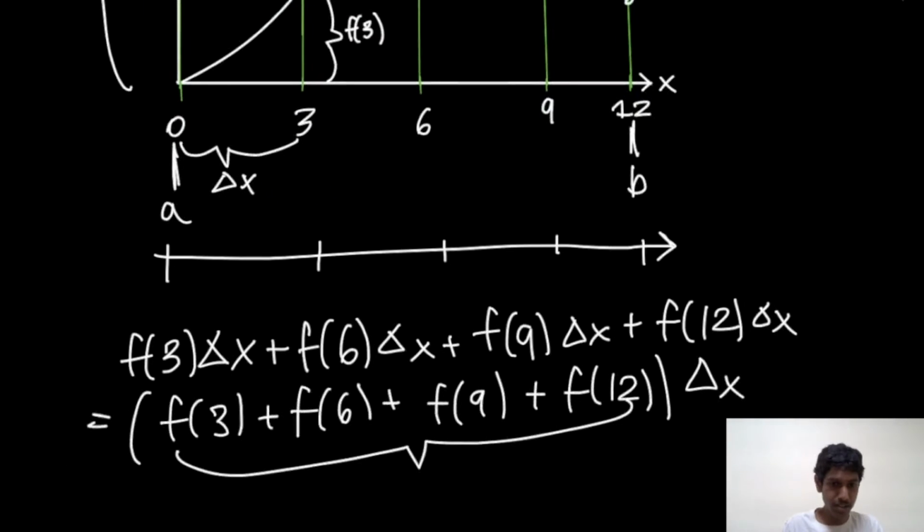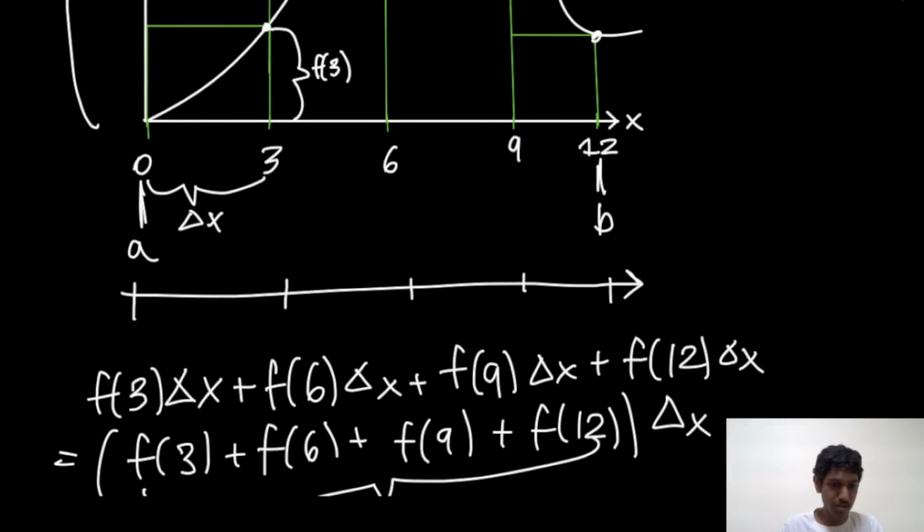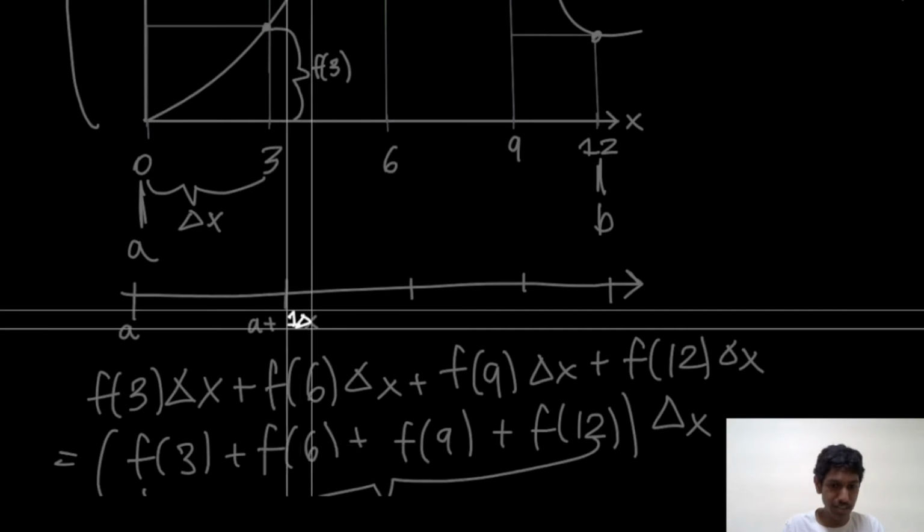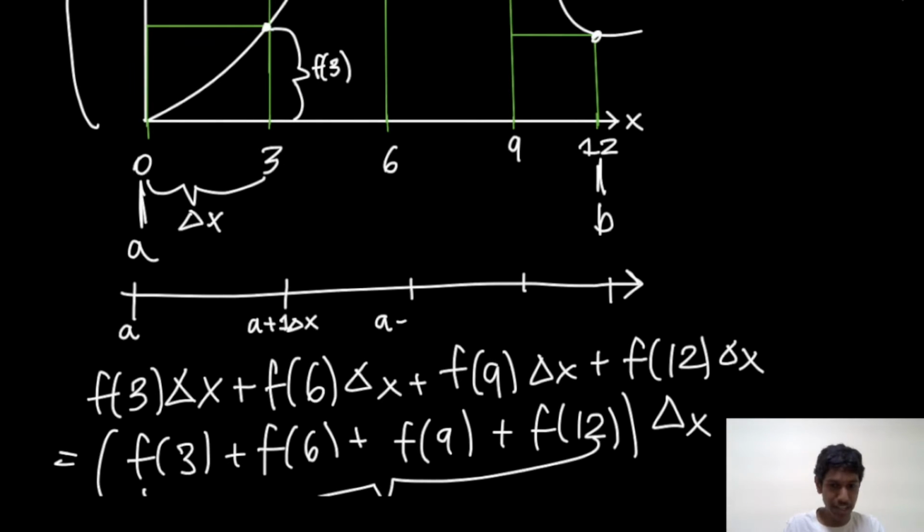And let's sort of redraw this number line here, where instead of writing these numbers, I'll write it in a slightly different form. So here, we start with a, and then we're adding a single instance of delta x. And then we're going to add 2 delta x to a, and then we're going to add 3 delta x to a. And so we're essentially stepping by delta x on this x-axis every time for the kth rectangle.